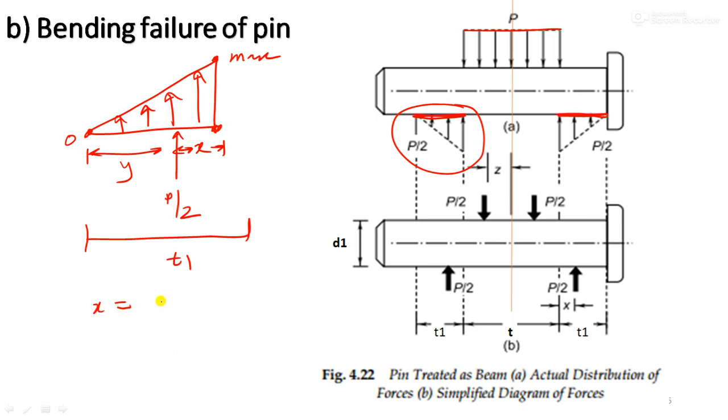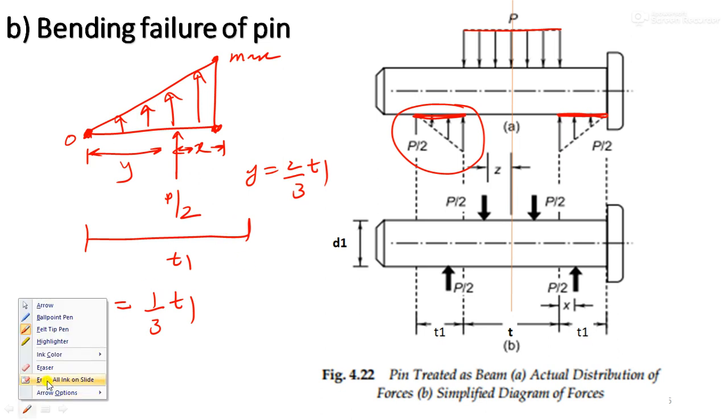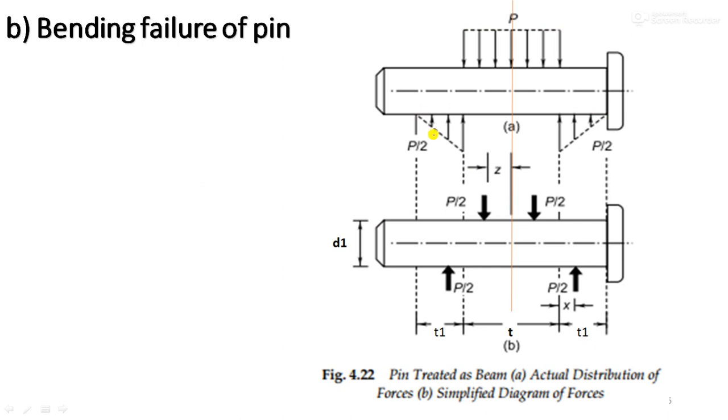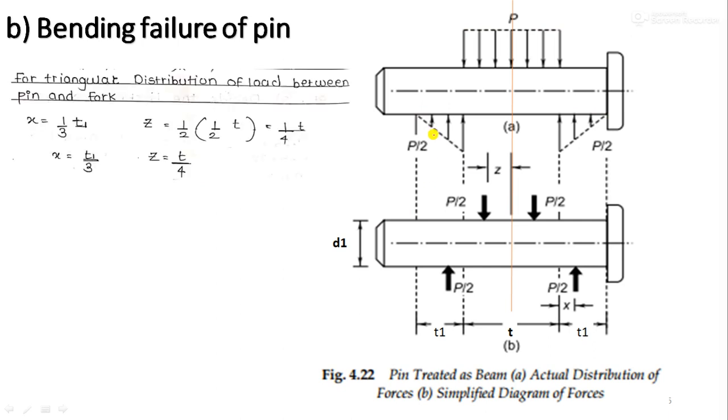This x will be equal to 1/3 of t1, and if you consider from this side, this distance y will be 2/3 of t1. This is a simple analysis we are doing. Similarly, you can understand here, for the triangular distribution of load between the pin and a fork, these two are obviously common, so we'll do it once.